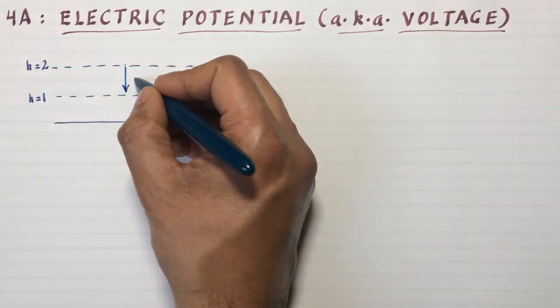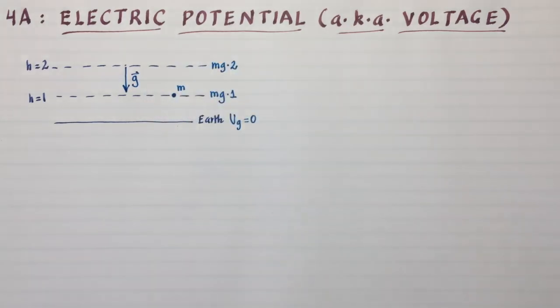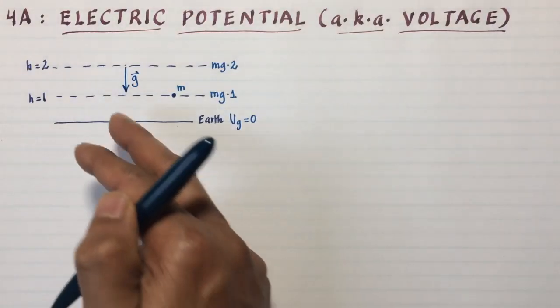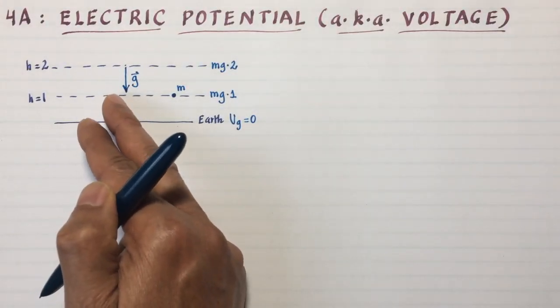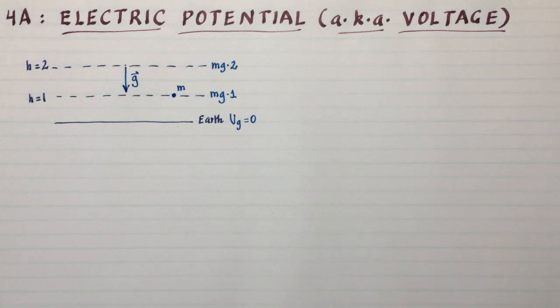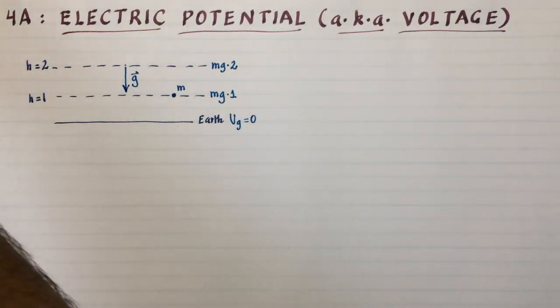Actually, that is the direction of the gravitational field also. So as potential energy decreases, it tells you the direction in which the gravitational field acts. It's in the direction of decreasing gravitational potential energy. These insights from UP1 are extremely useful and will be carried over without any change to UP2.